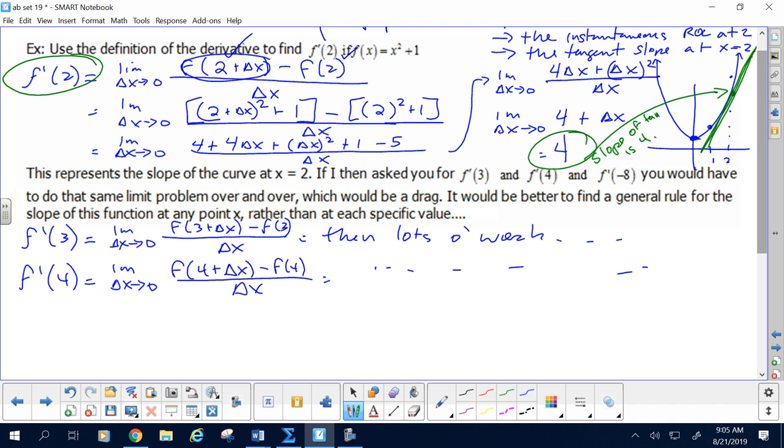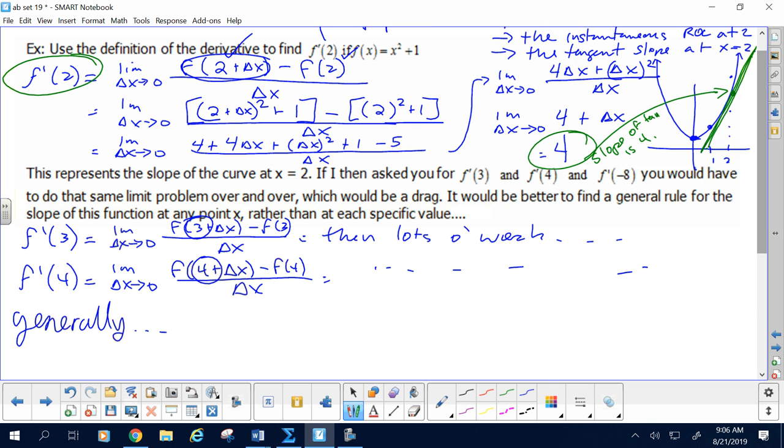So rather than find every point and making all these little calculations for each one, instead we could say, forget this nonsense. Instead of doing this at 3 and 4, we're going to just do this at any old x.